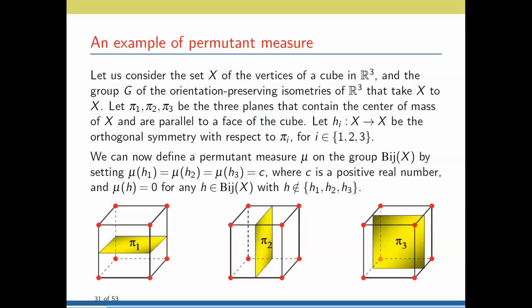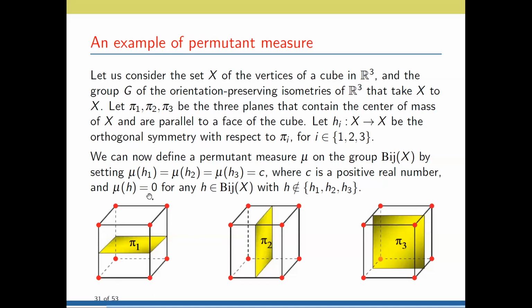So we have a symmetry with respect to this plane, this plane, and this plane. We can now define the permutant measure mu on the group of all permutations of our set of 8 points by setting mu(H_1) = mu(H_2) = mu(H_3) = C, where C is a positive real number, and you state that the measure of any other permutation is 0.